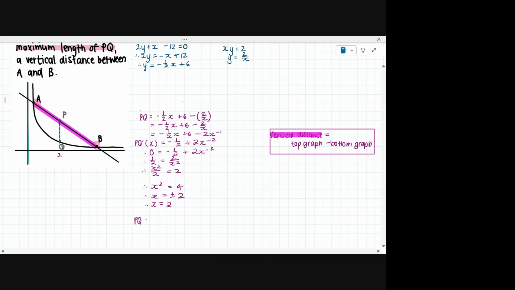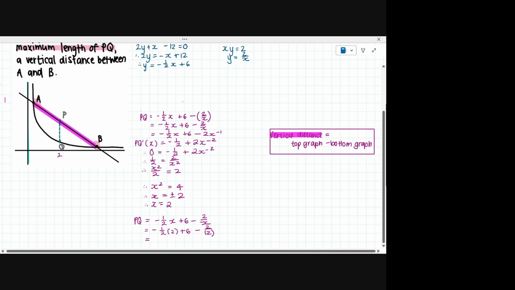So PQ was equal to negative a half x plus 6 minus 2 over x, this original expression that we got, and we substitute in: negative a half times 2 plus 6 minus 2 over 2.